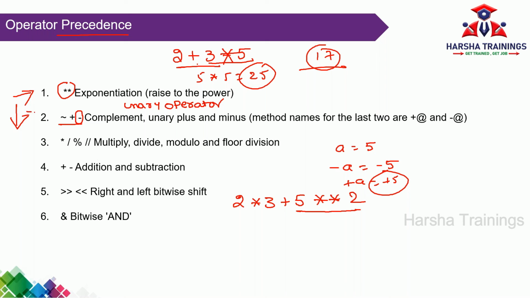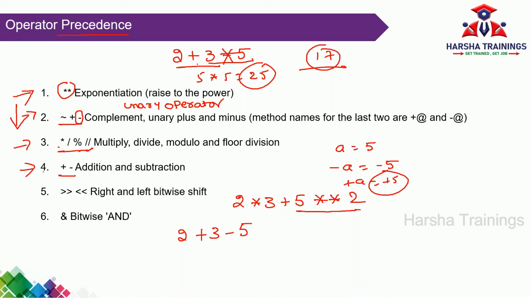First all unary operators are performed, and then multiplication, division, modulo division, and floor division, and then addition and subtraction. Again we have a problem: 2 plus 3 minus 5. Both plus and minus have the same priority.